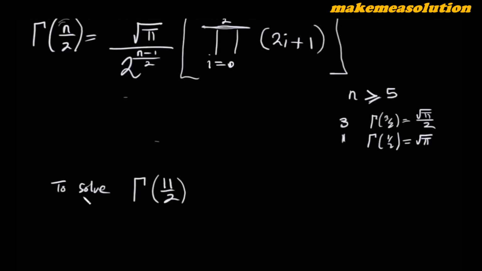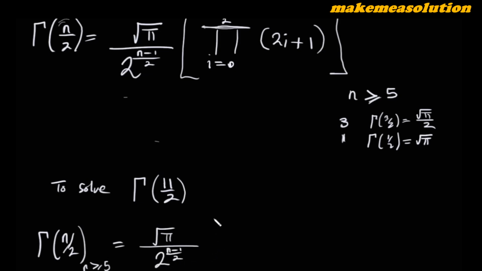We have established from this formula that gamma of n over 2, for n greater than or equal to 5, is root pi divided by 2 raised to the power of (n minus 1) over 2, times the product operator, i equal to 0 to (n minus 3) over 2, of 2i plus 1.